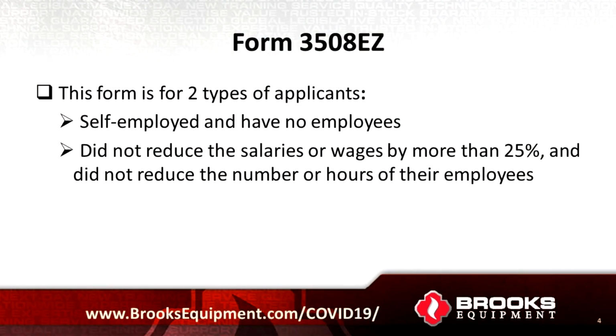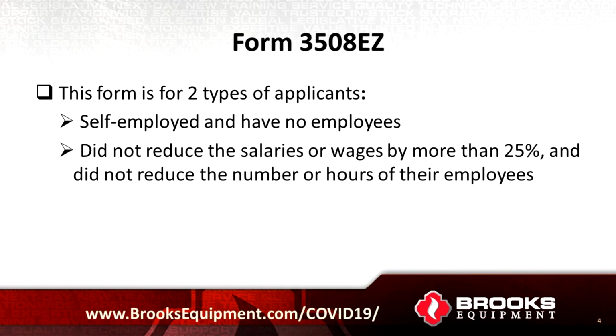If you do not qualify to use the Form 3508S, then you need to determine if you're eligible to use the 3508EZ. You can use this form if you experienced reductions in business activity as a result of health directives related to COVID-19 and can satisfy at least one of the following. Are you self-employed and have no employees?